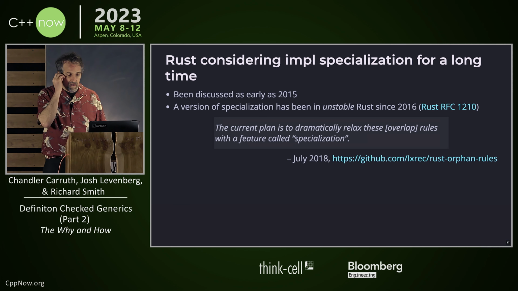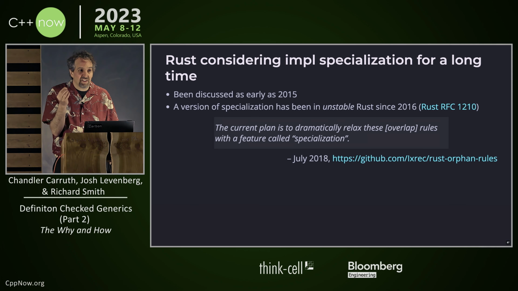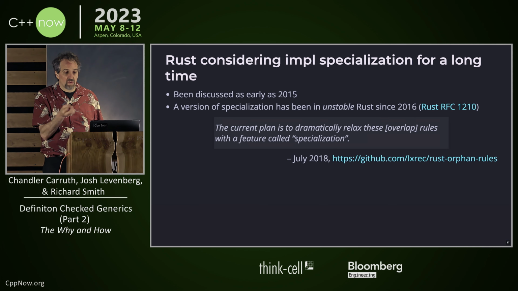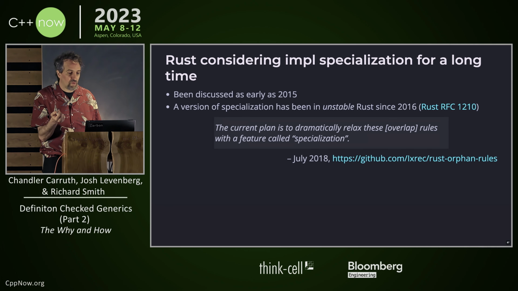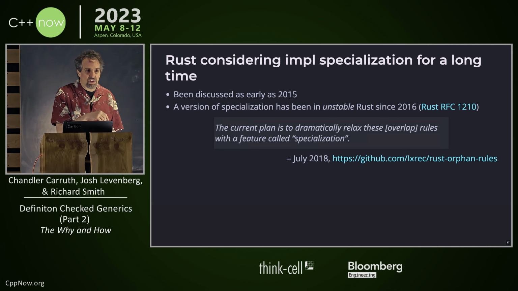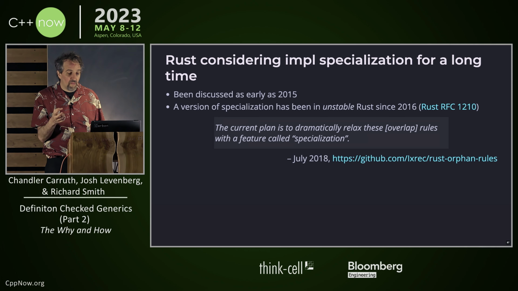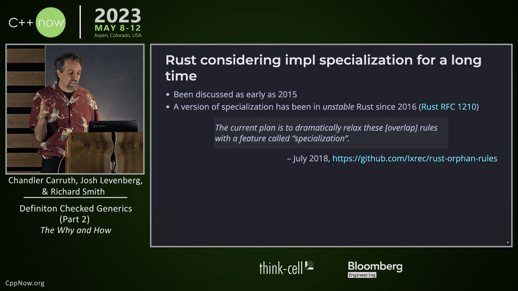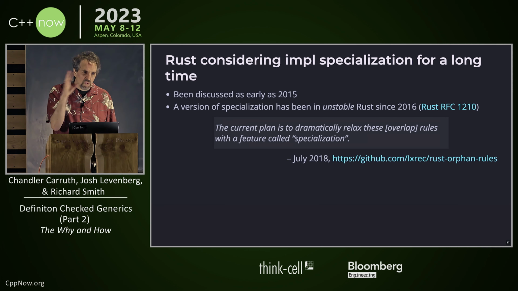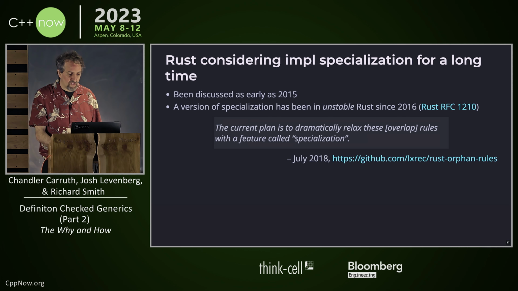Specialization has been seen as the solution to Rust's overly restrictive overlap rules, and has been under consideration for the last 8 years. There were originally some soundness problems related to lifetimes that blocked this for a while, but those, as I understand it now, have been solved.